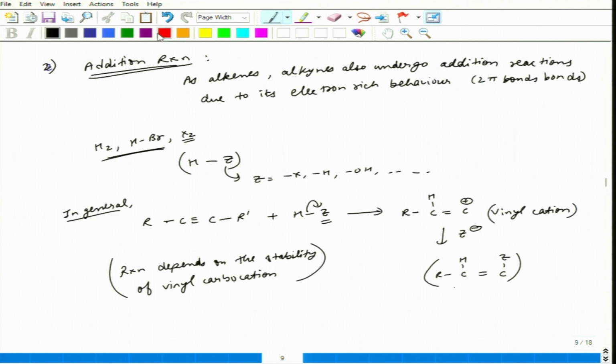So, this is an intermediate in such kinds of reactions. The reaction directly depends on the stability of the vinylic cation.